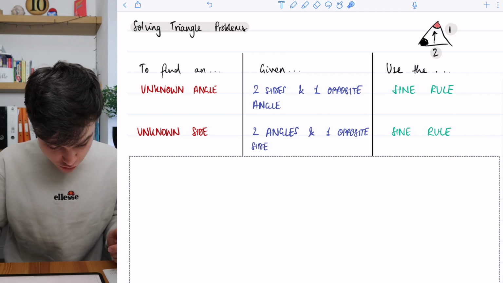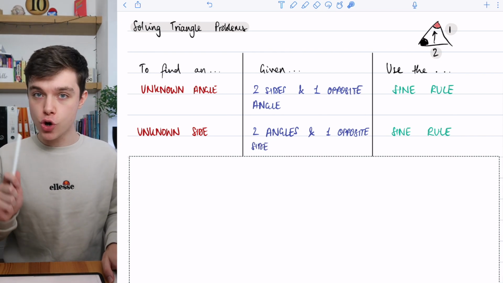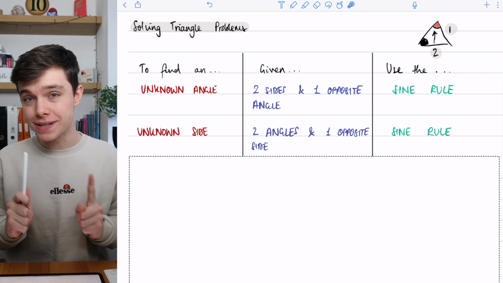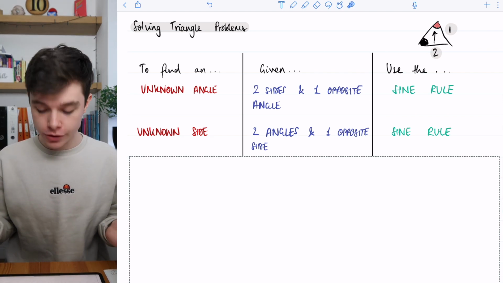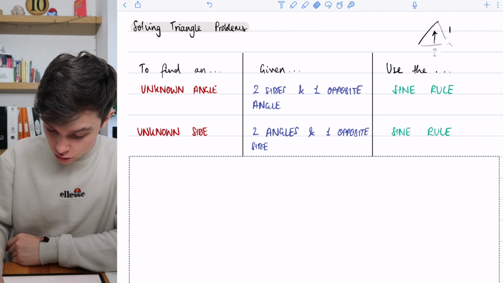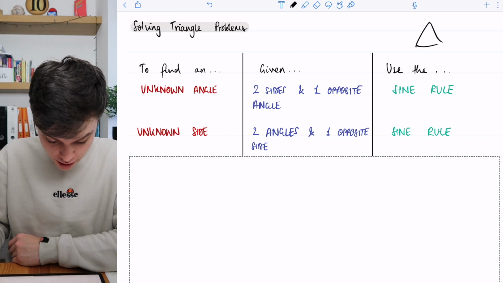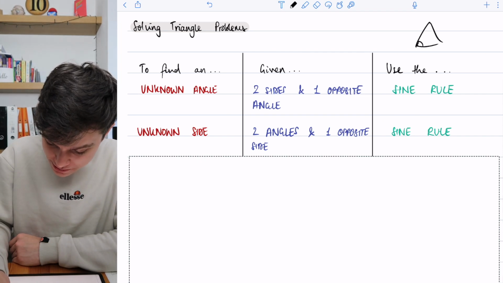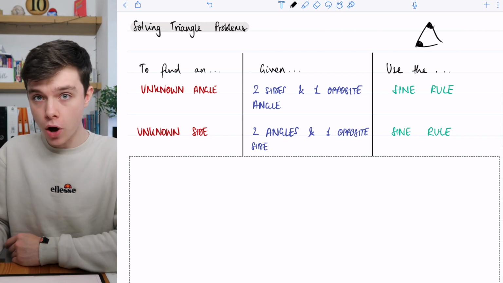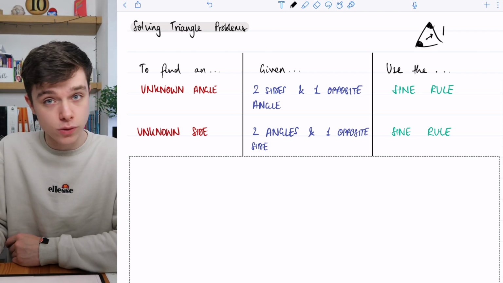If we want to find an unknown side and we have two angles and one opposite side, again we want to use the sine rule. So let me draw a little triangle up here. Okay, here is my triangle, and we have two angles, so let's say we know that angle and we know that one, and we have one opposite side, so an opposite side to any of those angles, let's put that as 1.